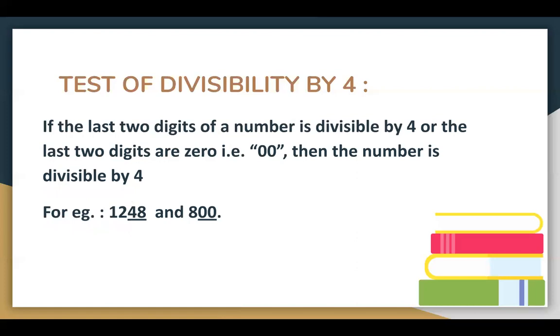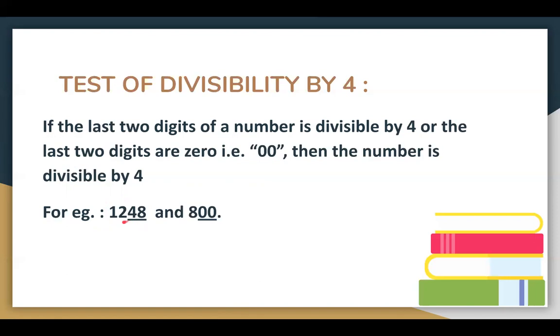Test of divisibility by 4. If the last two digits of a number are divisible by 4 or the last two digits are 0, that is 0 and 0, then the number is divisible by 4. For example, in the number 1248, the last two digits are 48, which is divisible by 4.